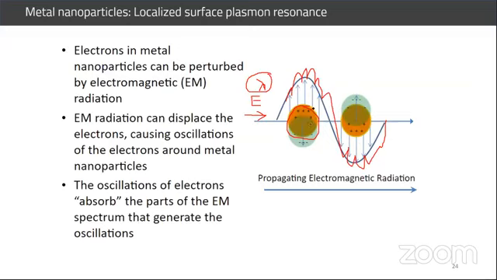What happens? It also oscillates the electrons inside this nanosphere. That means the nucleus goes this way and the electrons go this way. Now there is a net electric field in this direction, and when it goes opposite, there is a net electric field in this direction. So this is the plasmon field, right? This is E plasmon.